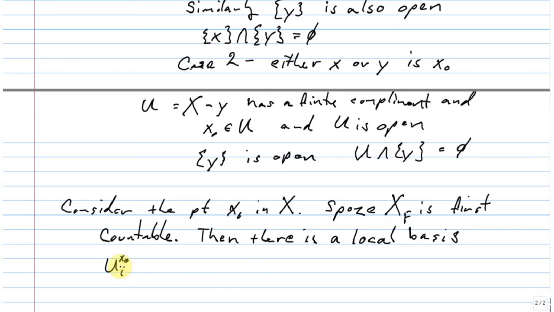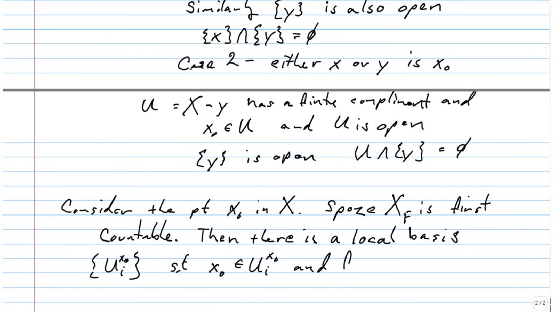We have this set such that x naught is in all of these, right? X naught is the point I chose to look at closely. If it's first countable, then in particular there's a set of open sets around this.